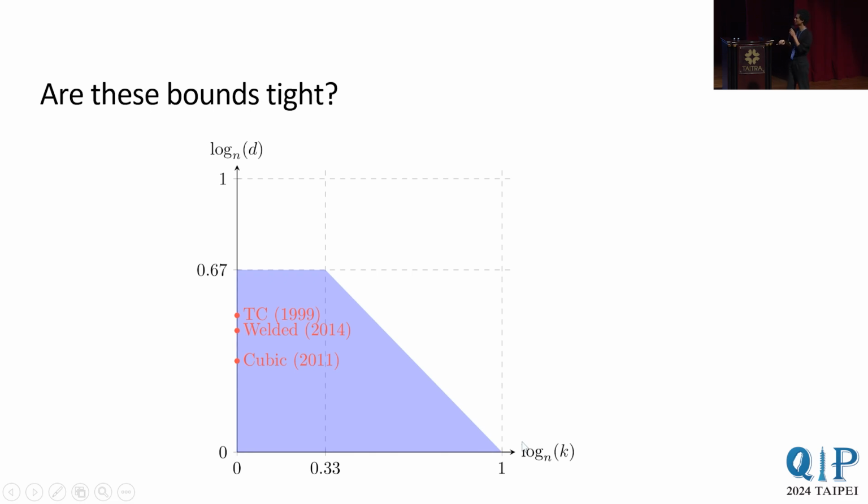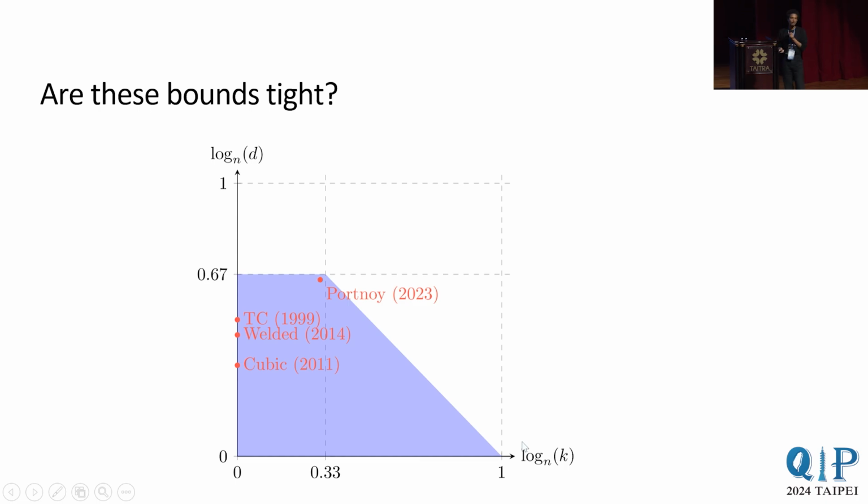We had a really hard time creating codes, even non-local codes entirely. Creating any codes that went above this threshold of square root of n distance was really, really hard. Great. In 2023, this changed a lot.